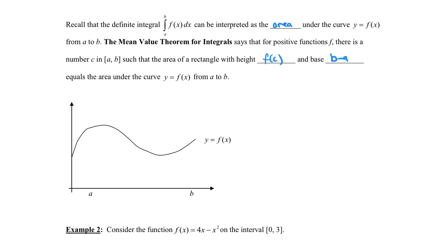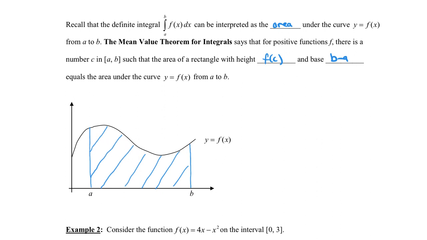So what it's saying is that if we think of the area under this curve from a to b, let's get a picture of that. So you've got the area under the curve from a to b. Whatever that area is, we're going to be able to find a c such that we can create a rectangle in here that has the same area.